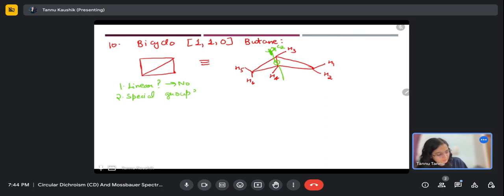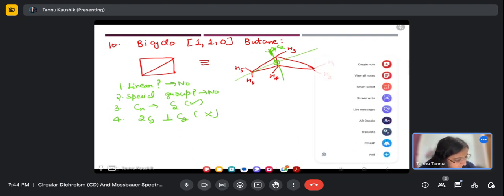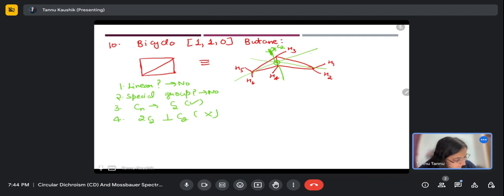special group. No. Then we don't have any C2 axis perpendicular to this. So we have only one C2 axis. Then we don't have any horizontal plane in the molecule.